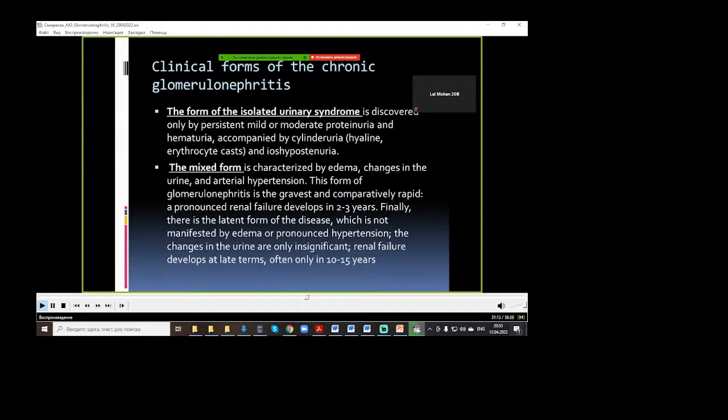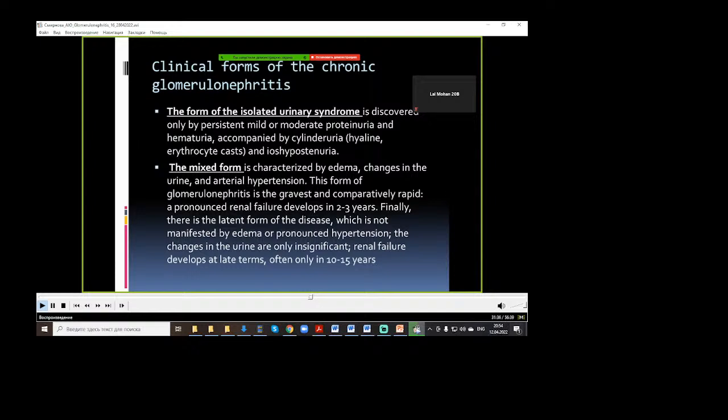The next form, the mixed form, is characterized by edema, changes in the urine, and arterial hypertension. This form of glomerulonephritis is the gravest and comparatively rapid. A pronounced renal failure develops within 2-3 years from onset of the disease.